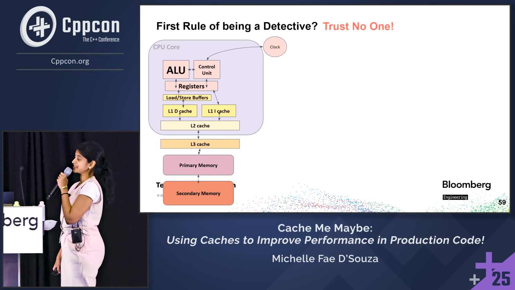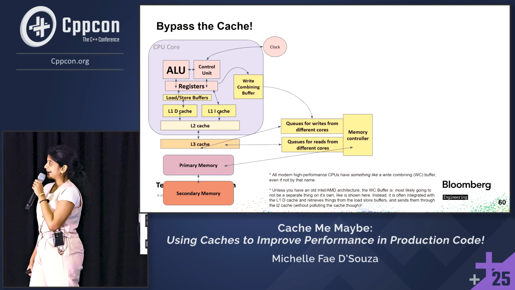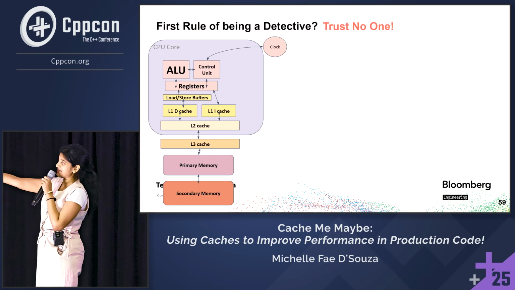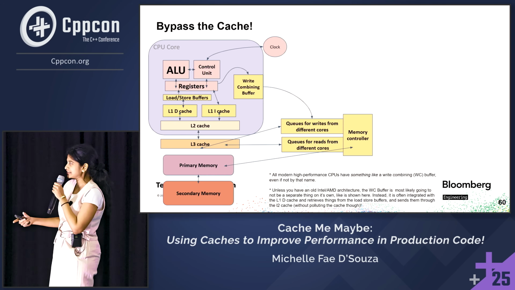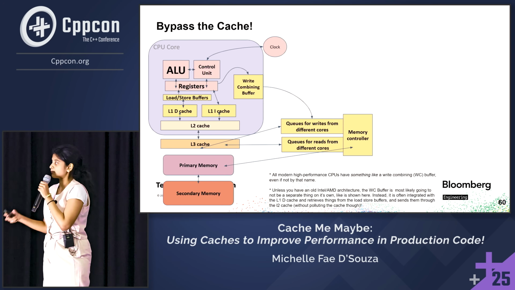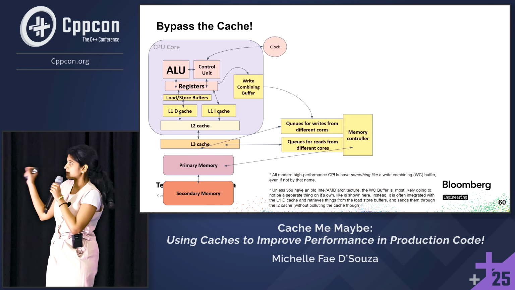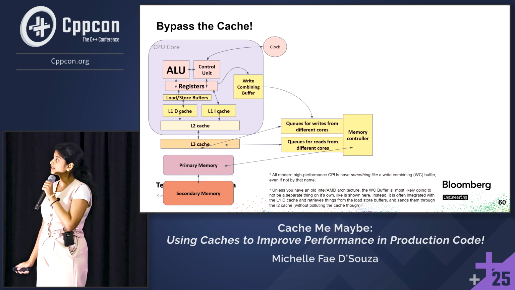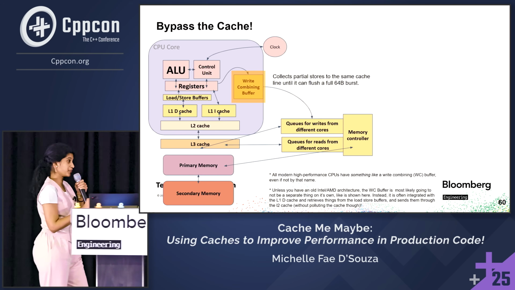First rule of being a detective is trust no one. I lied to you, haha, again. I showed you the pretty little architecture earlier, but you actually have something equivalent to a write combining buffer in all modern high-performance CPUs. It may be called something slightly different, but it exists. This write combining buffer lets you actually skip your cache.